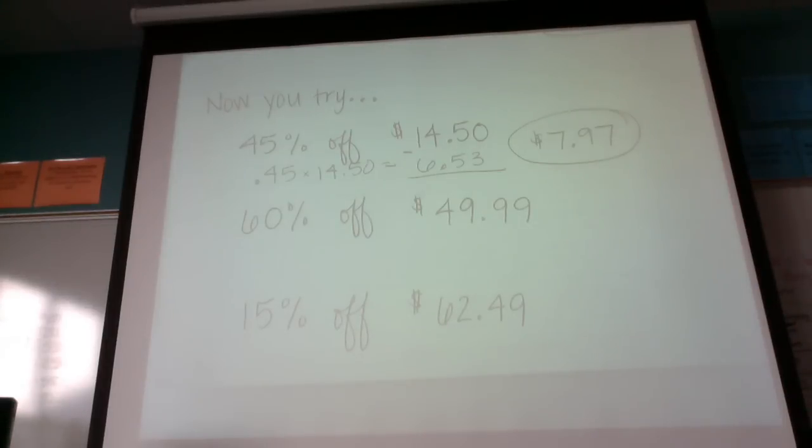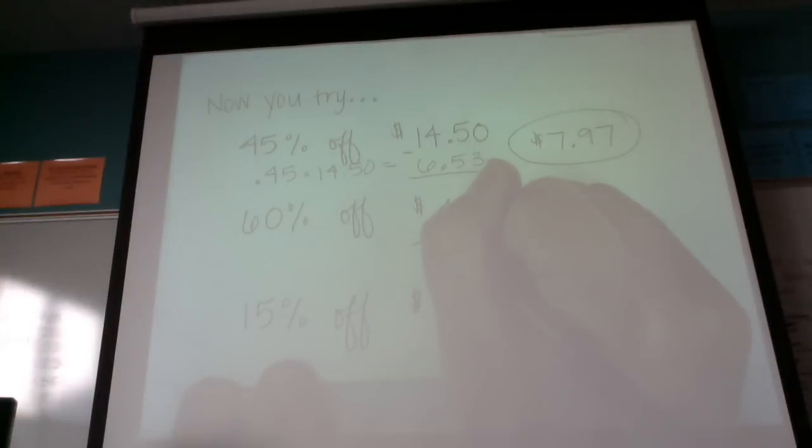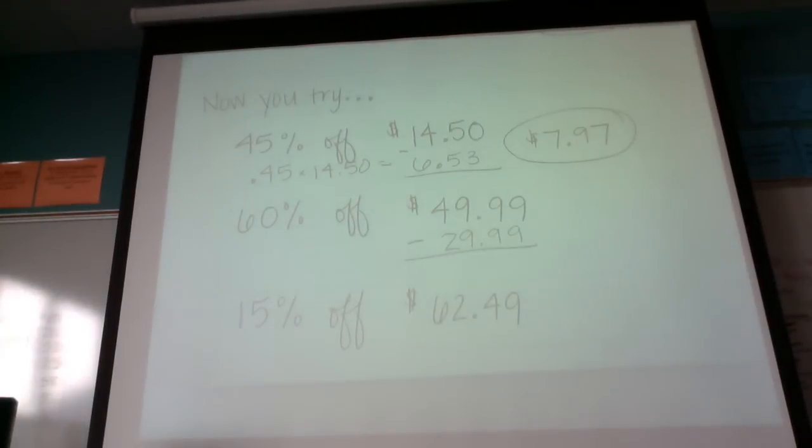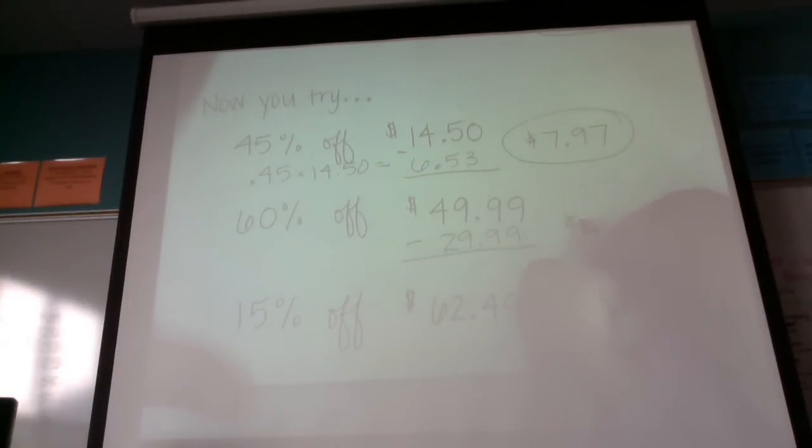The next one, 60% off of $49.99. I'm using my calculator for those. That's going to be subtracting $29.99. And if you rounded that to 30, I could understand how you did that. And that's going to be just $20. That's a good deal.